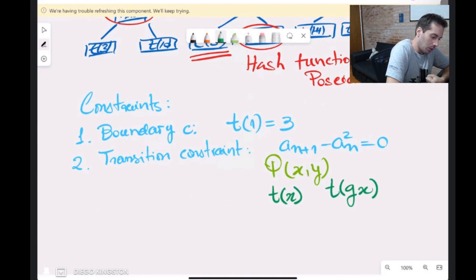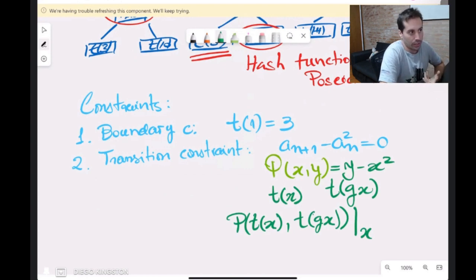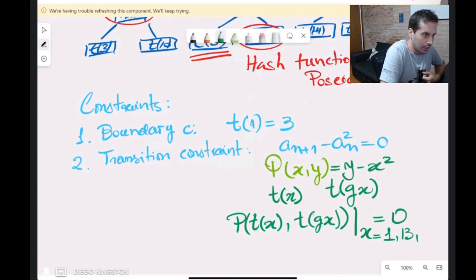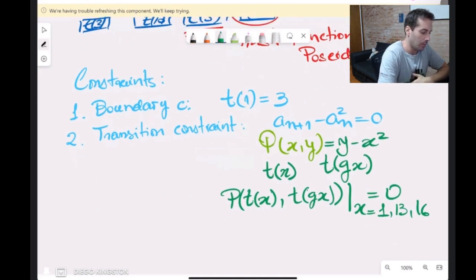So if we call this polynomial y minus x squared, then when we do p of t of x, t of gx, and we evaluate this at x in the domain where the constraints hold, that should evaluate to 0. For example, if we do it at 1, at 3, or at 16. If we do it at 4, there is no next element, so the constraint will not be valid.